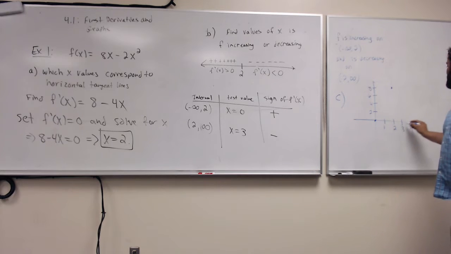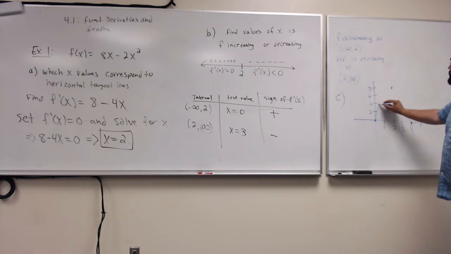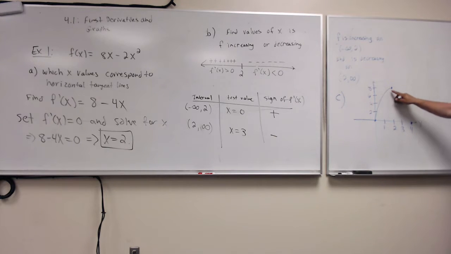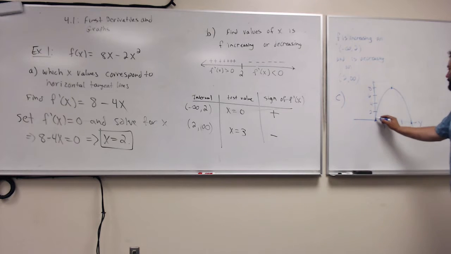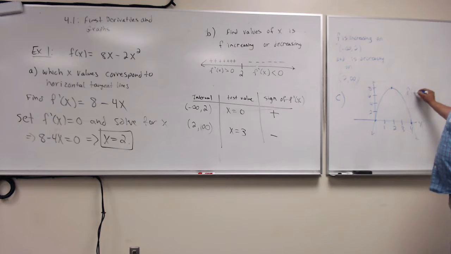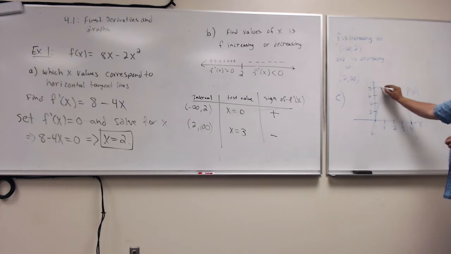So I think it's 0 at 0 and 4. But like I said, to the left of 2, it's increasing until you get to where you have a horizontal tangent line. And then to the right of positive 2, it decreases again. So I think that would be a rough sketch of the graph of f of x. Okay, so the first thing we did is we figured out where this horizontal tangent line was.